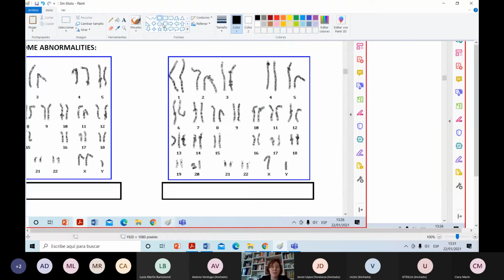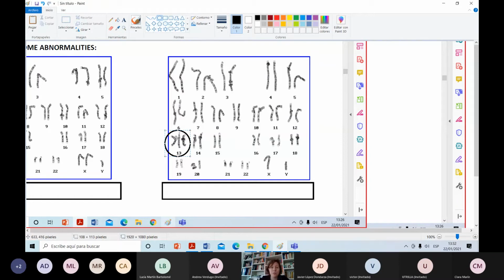But does this boy have any chromosomal abnormality? Yes, it's a boy. Does it have any chromosomal abnormality, this boy? The 13. Okay, if you see this pair is not a pair, in fact, it is 3 chromosomes.